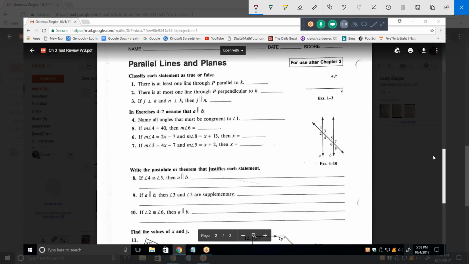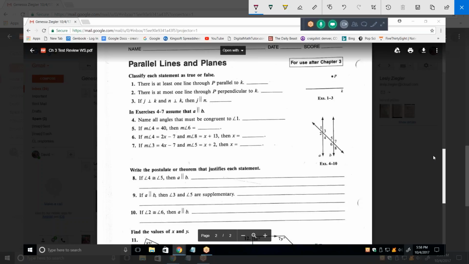Okay. You with me? See why that's true? Yes. Okay. And 3, if J is perpendicular to K and N is perpendicular to K, then J is parallel to N.